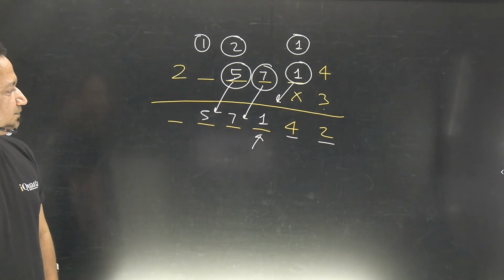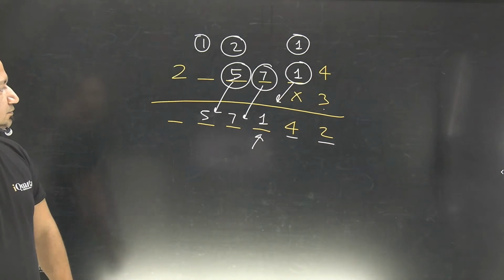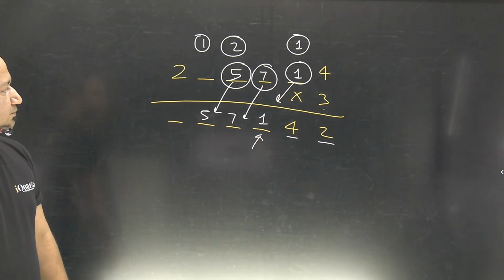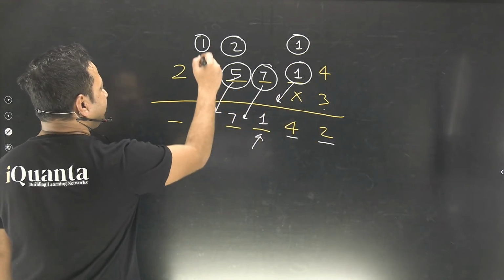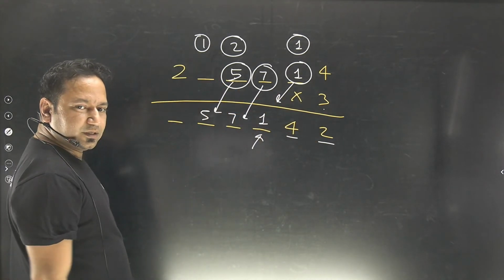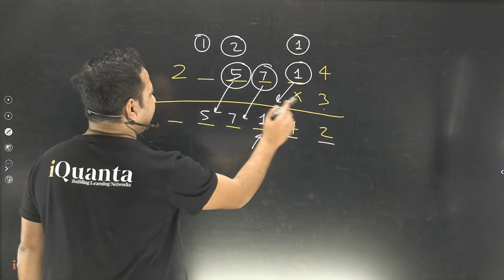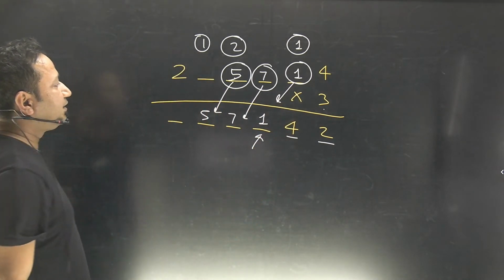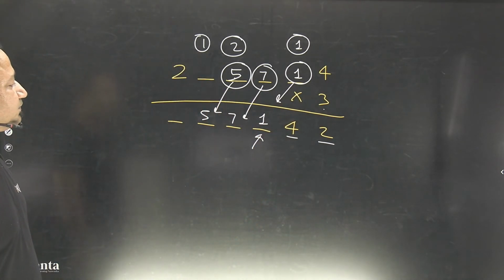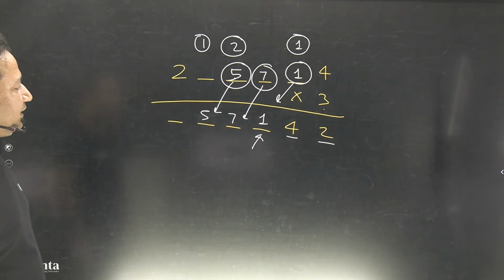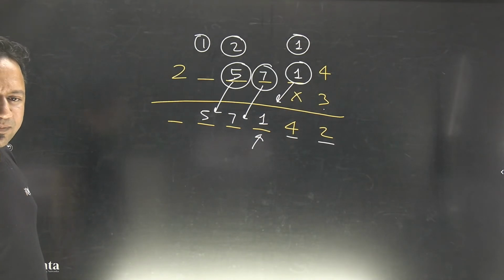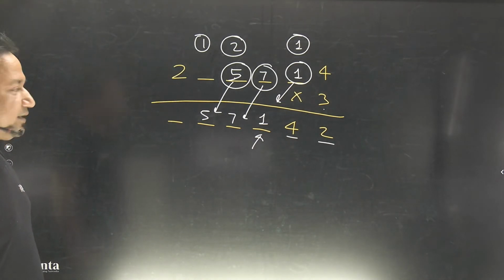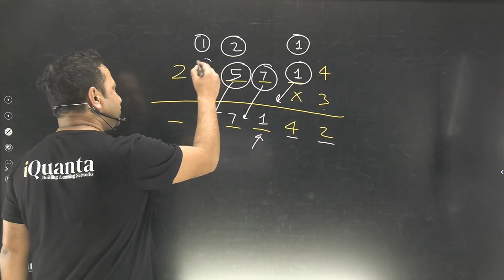Understood, everyone? 3 multiplied by something plus 1 should end at 5. And that is possible when 3 multiplied by that something should end at 4.